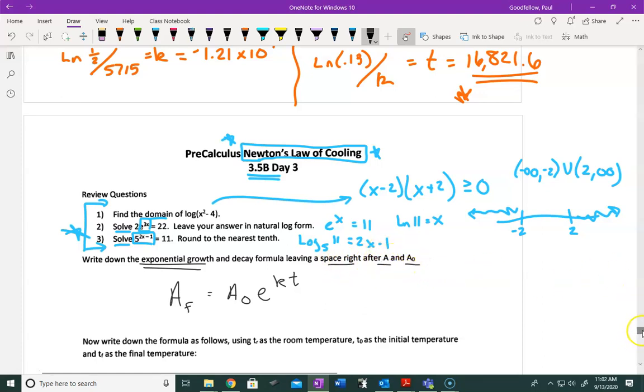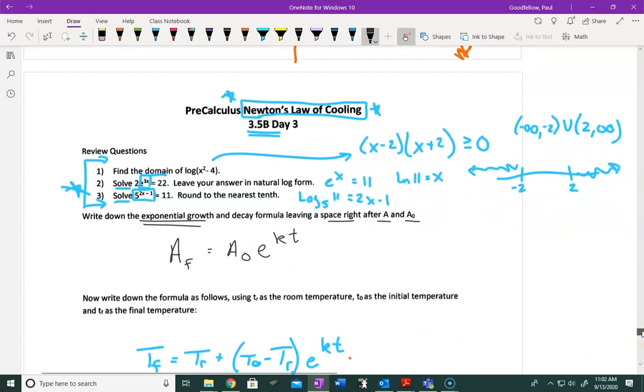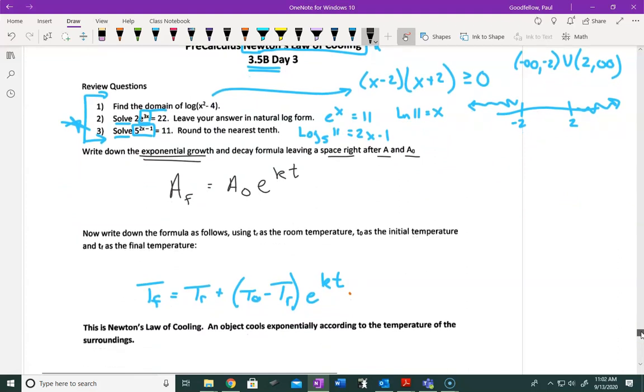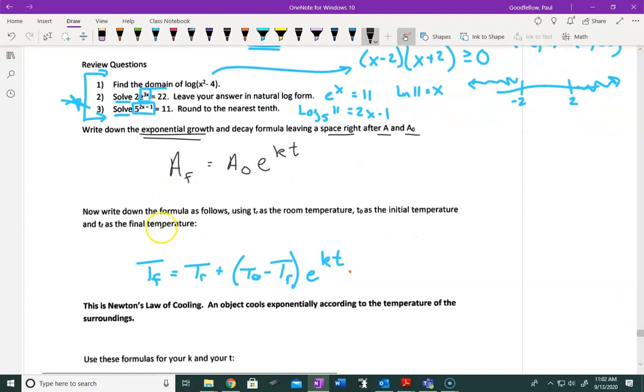Now, what that turns out to boil down to is we start talking about final and initial temperature concept. If I basically leave a little bit of space, and I'm going to say that this actually came from T sub final minus T sub r is equal to T sub o minus T sub r times e to the kt.